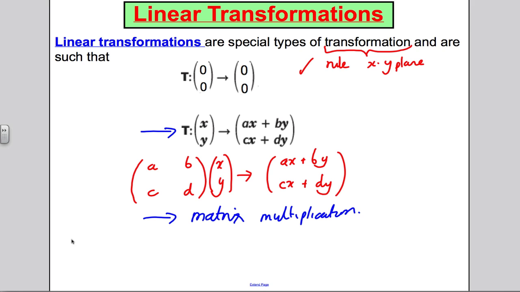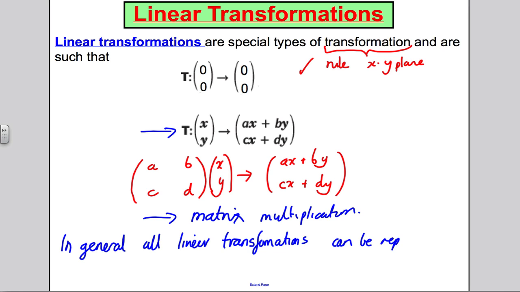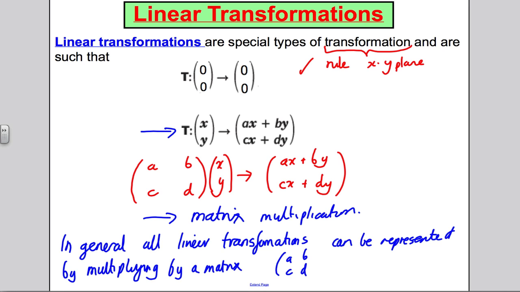Okay, so in general, all linear transformations can be represented by multiplying by a matrix A, B, C, D. Okay, so you therefore have a way of representing any linear transformation in terms of matrices.